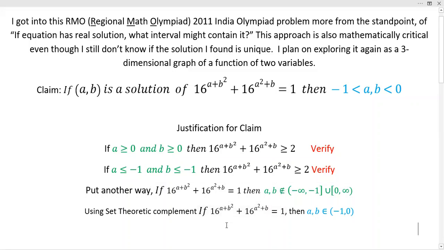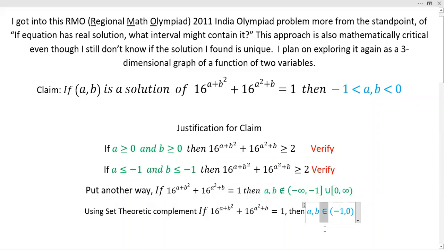Now, from a standpoint of set theoretic complements, the complement of that set is A comma B would have to be between -1 and 0. And again, this is what they call a negated relation, not a member of, not equal as a negated relation. This is the more common way. I've seen Dr. Michael Penn write his compound inequalities this way, and I like it.